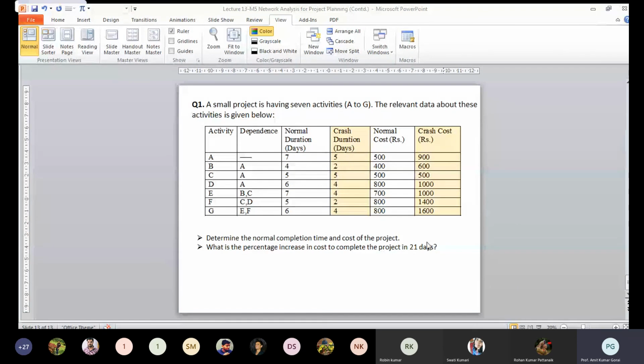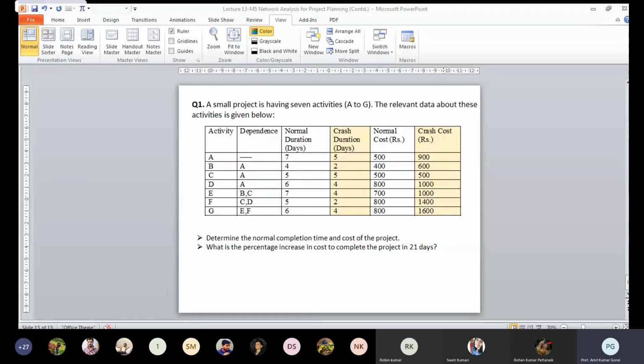I will discuss this problem when we discuss how to crash your project. Suppose we have estimated the completion time as 57 weeks. But your authority instructs you to complete the project within 1 year, which is a maximum of 52 weeks, so you have to finish within 52 weeks.